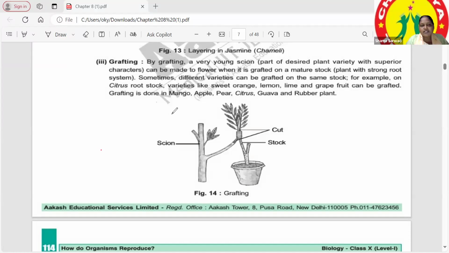See here about grafting, what is given. Grafting uses a very young scion, the part of the desired plant variety with superior characters. The same I told you: superior characters means dominant characters. But how do they exactly know which plant has dominant genes and which one has recessive? Depends, you have to choose. Suppose I am darker in color than my mother.